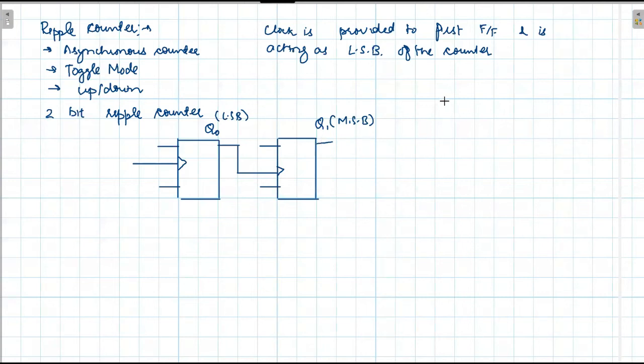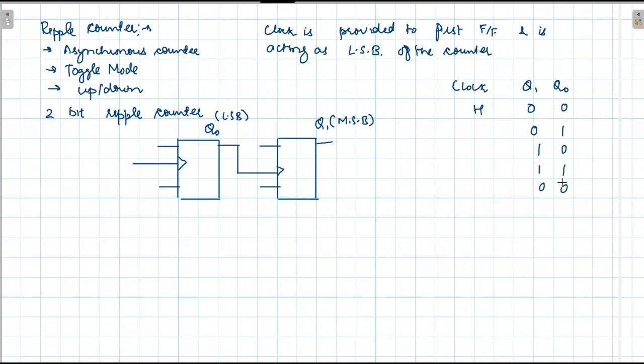Now when the clock is there, what are the possible states it can have? Q1, Q naught. So clock is high, so it will count, starting from 0 0. The next sequence will be 0 1, the next will be 1 0, the next will be 1 1, and the last sequence will be 0 0.